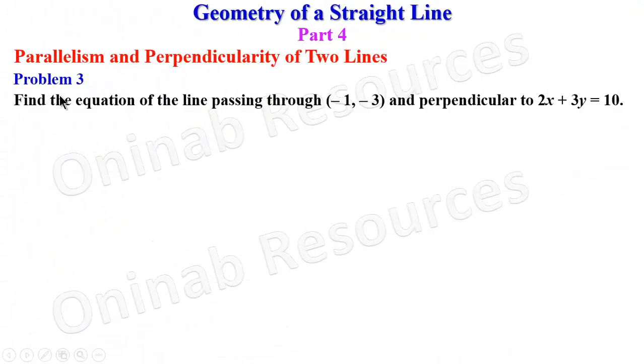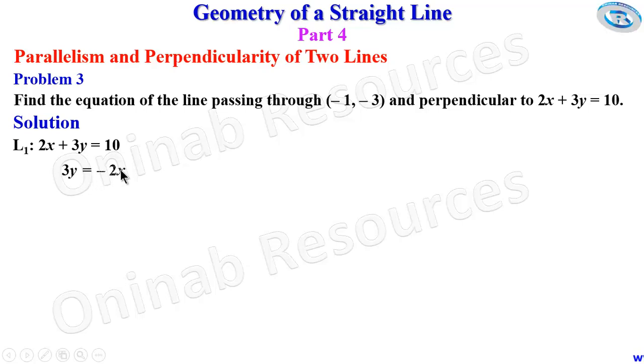For problem 3, find the equation of the line passing through (negative 1, negative 3) and perpendicular to 2x plus 3y equals 10. So in our solution, we look at the first line, which is 2x plus 3y equals 10. Make y the subject of the formula. So 3y is equal to negative 2x plus 10.